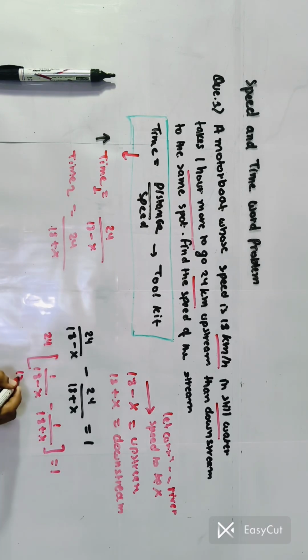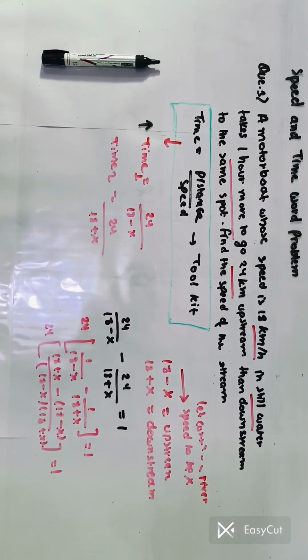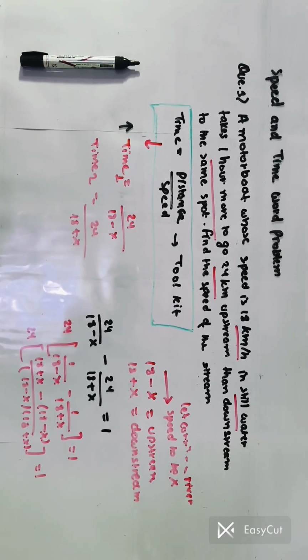So here we go, 18 plus x minus 18 minus x upon 18 minus x, 18 plus x. Is it visible to you, this step in particular? I don't think so. Let me see. Yup, not visible. So here it is.